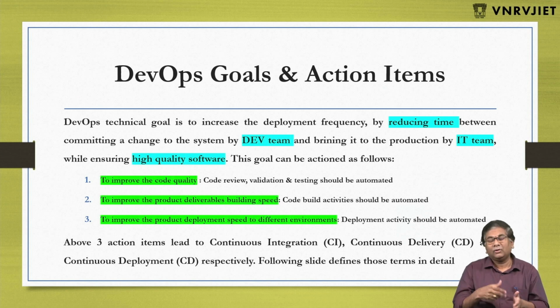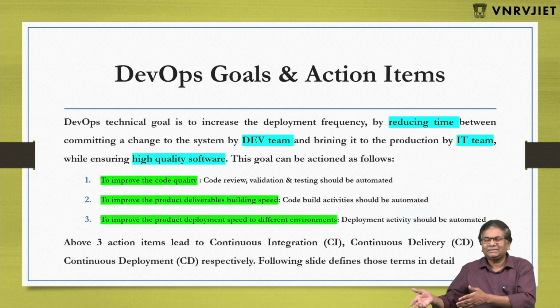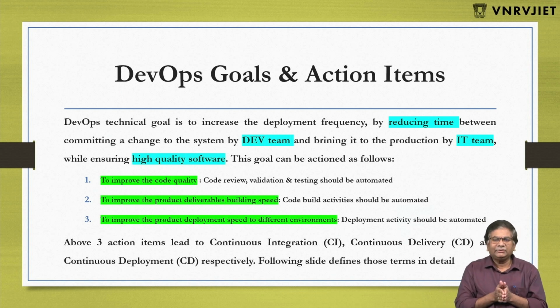The technical goal of DevOps is to increase the deployment frequency by reducing the time between committing a change to the system by the dev team and bringing it to production by the IT team, meaning the IT ops team, while ensuring high quality software. Now this is what we have been discussing, right? When I defined DevOps, I said exactly the same thing.